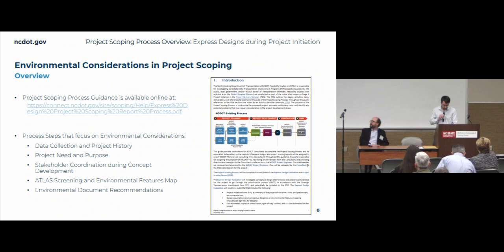On one hand, I want you to be aware of environmental considerations in our project scoping process guidance and the success that we've had with regards to accounting for environmental concerns during the planning process. On the other hand, I want to close by acknowledging that I believe there are opportunities for improvement. I can cover a couple of ideas I have for improving environmental considerations, but ultimately, my number one goal is to set the stage for future engagement with you so that I can listen to your ideas.